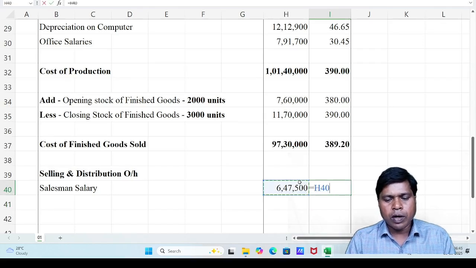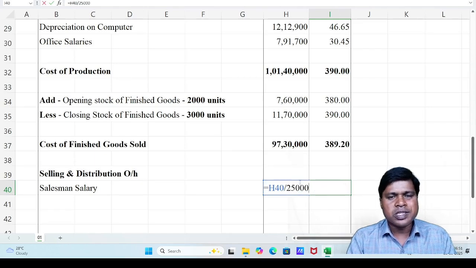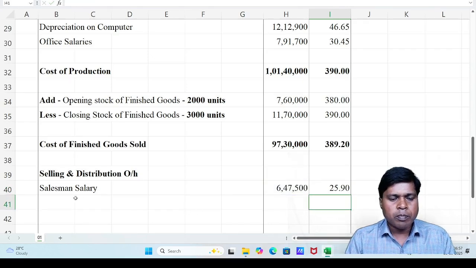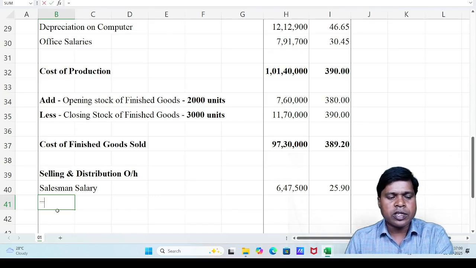Now divided by, remember, divided by 25,000 because selling and distribution overheads are regarding goods sold, 25.90 per unit.